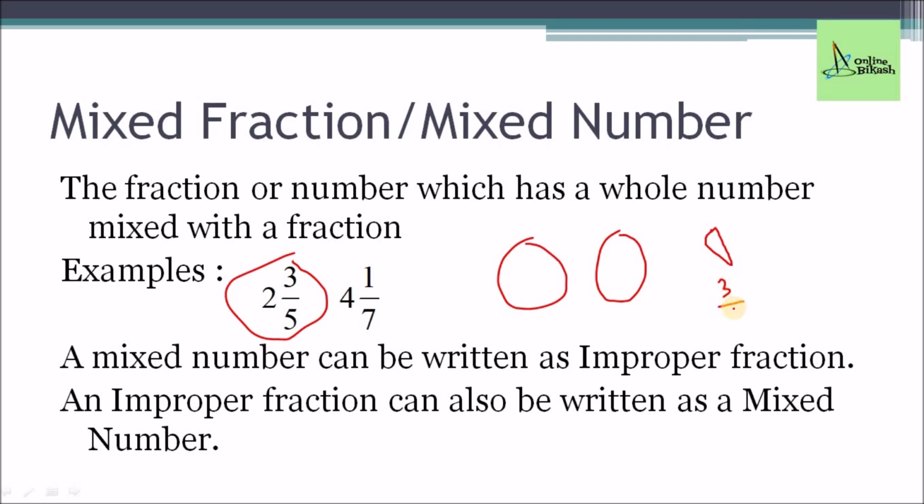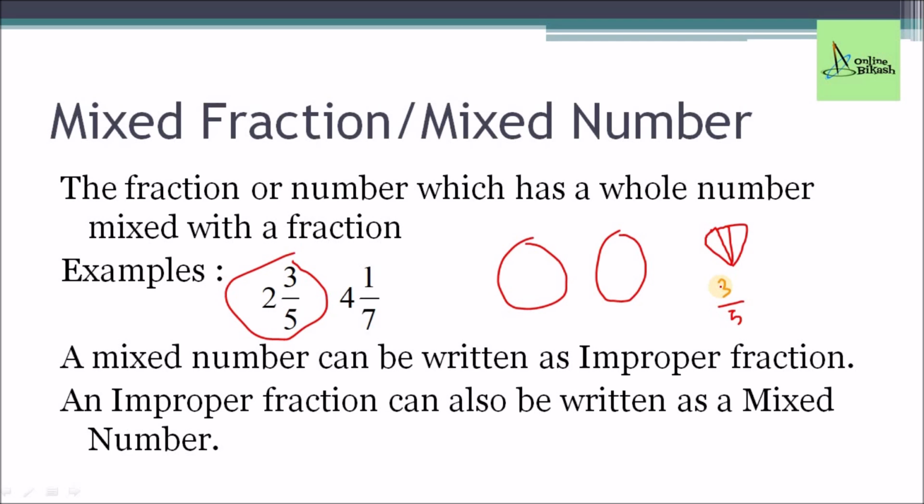Though my drawing may not be correct, let us assume that this is 3 by 5. So we will say that I have 2 whole 3 by 5 breads: 2 complete and 3/5 of one bread. Then we say it is the mixed fraction 2 whole 3 by 5. This 2 is the whole number and this 3 by 5 is the proper fraction.